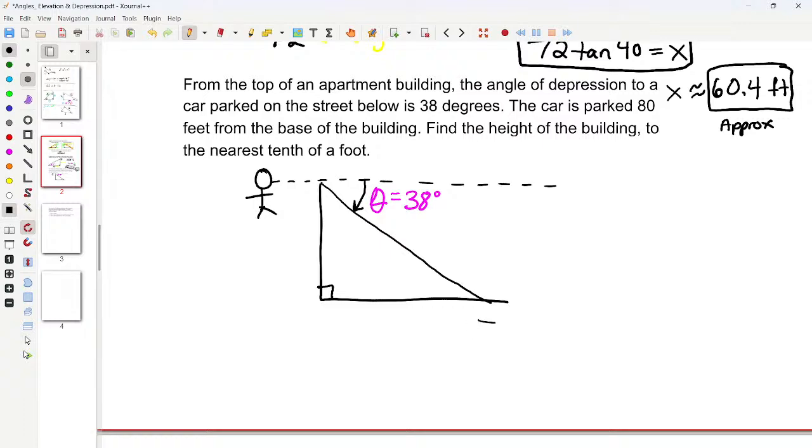Here's the car, which is parked 80 feet from the base of the building. So this is not 80. We're not connecting like a wire to the car. This is the building, I'm on the top of it. This is the base of the building, 80 feet from there. And once again, we want to know the height of this. So what are you guys thinking?